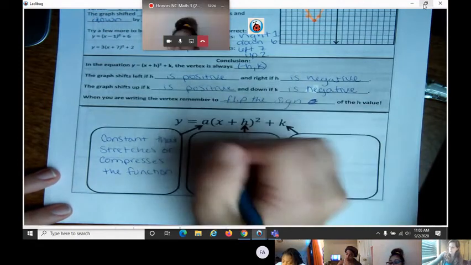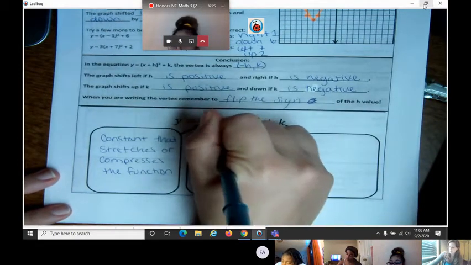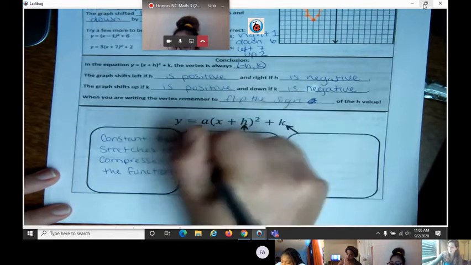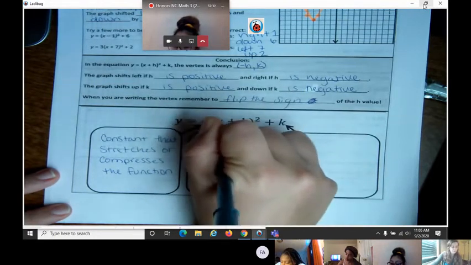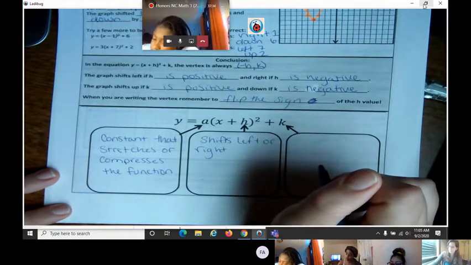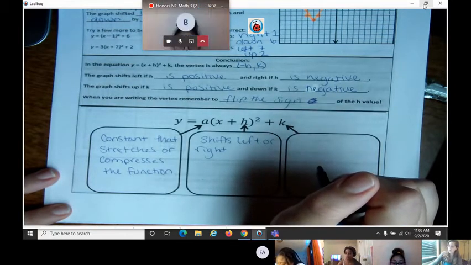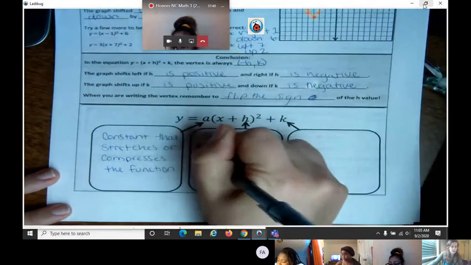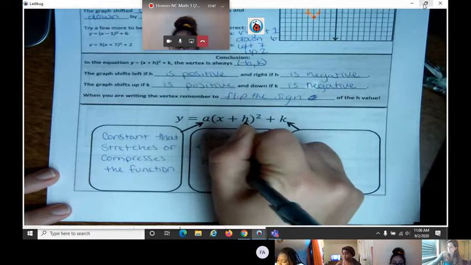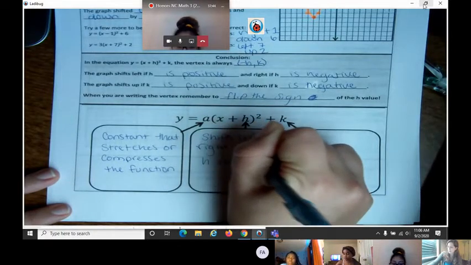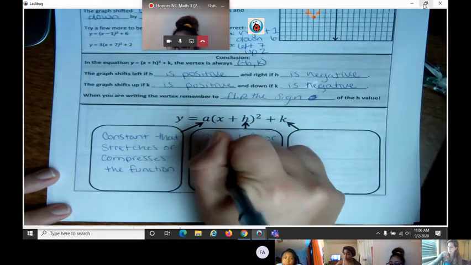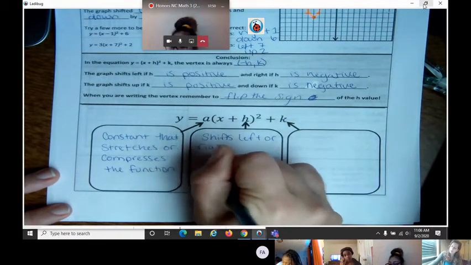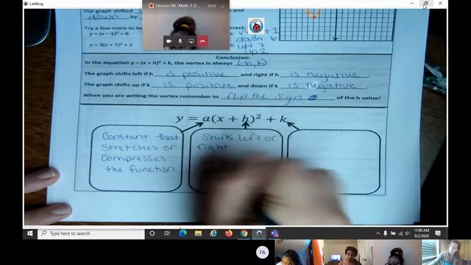h shifts left or right. Okay, and we went through this up here, but when h is positive, it's going to shift left. And if h is negative, it's going to shift right.